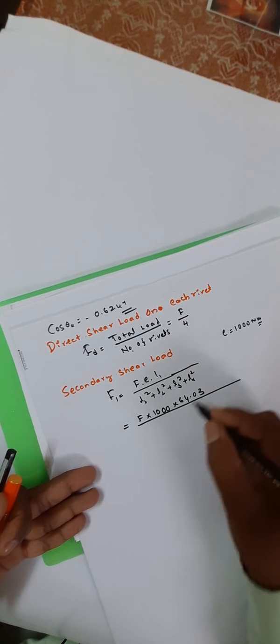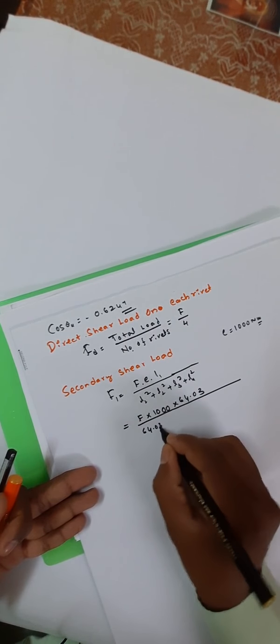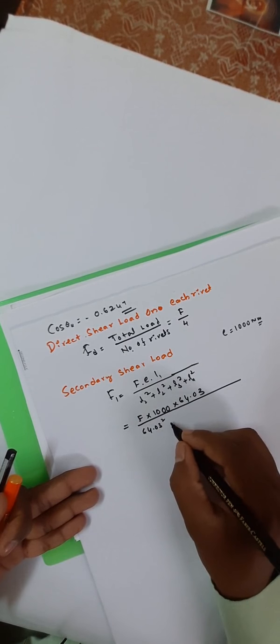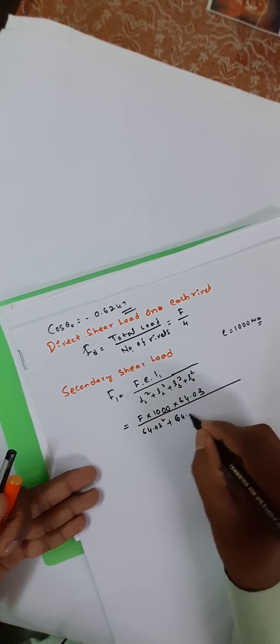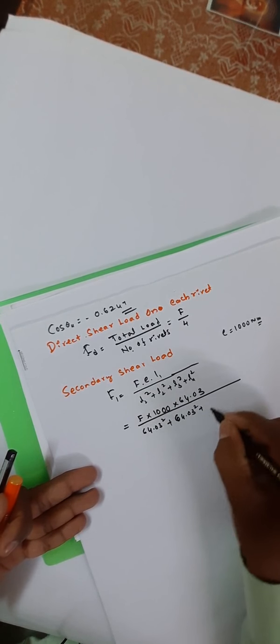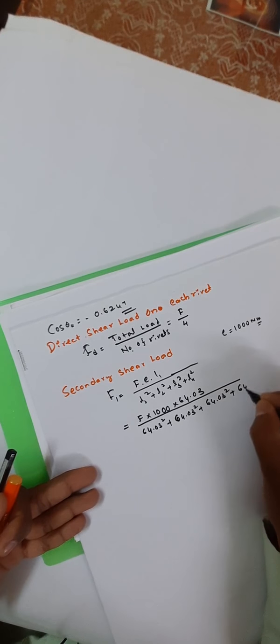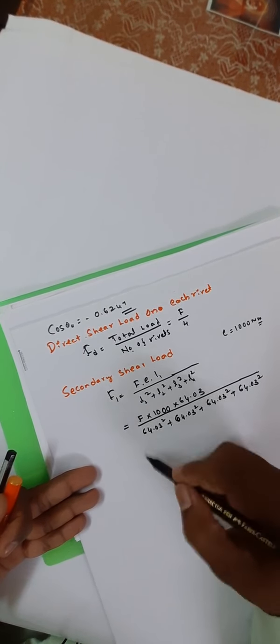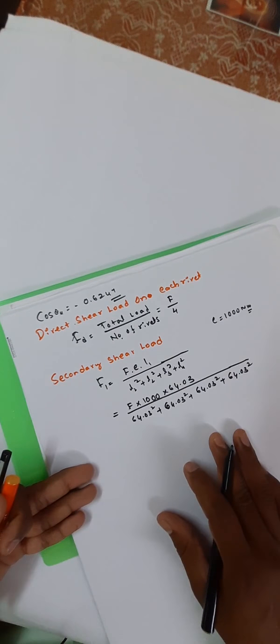So we have 64.03 square plus 64.03 square plus 64.03 square plus 64.03 square.